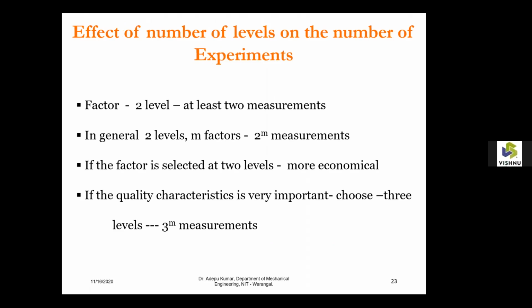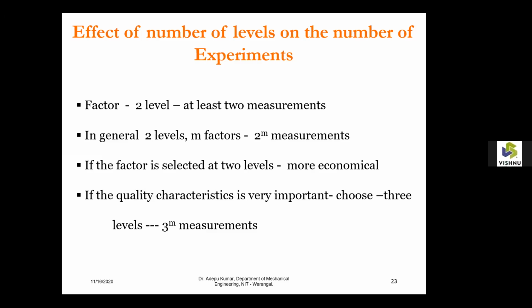For the factor levels, at least 2 levels in general; with m factors, 2 to the power of m measurements. If the factor is selected at 2 levels, it is more economical. If the quality characteristic is very important, choose 3 levels, that is 3 to the power of m experiments.